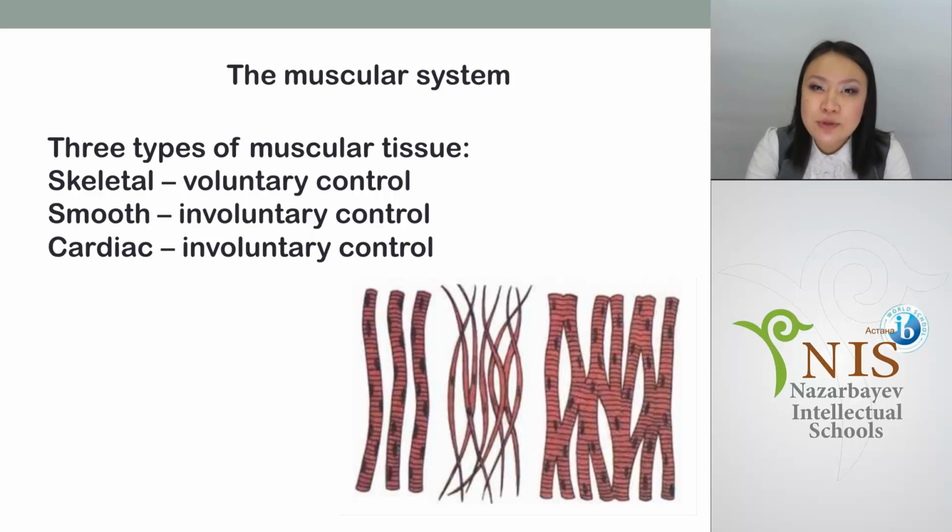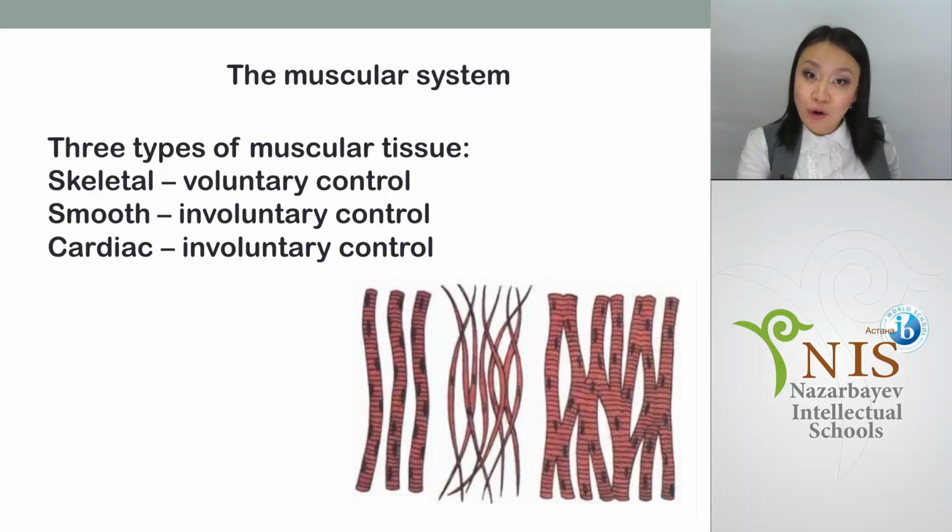And now think about smooth muscle. Where could you find smooth muscle? Smooth muscle you could find in your digestive system, for example, in your stomach. You cannot control your stomach's work. How could you prove that? For example, if you didn't eat for, let's say, 5 hours, your stomach will make some sounds, and you cannot control that.